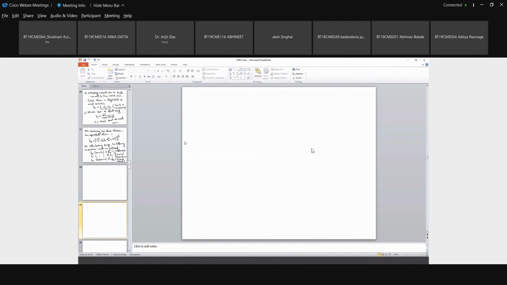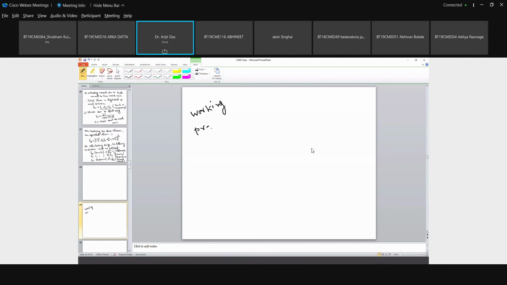Okay. So suppose the working pressure of the process needs 150 Newton per millimeter square.